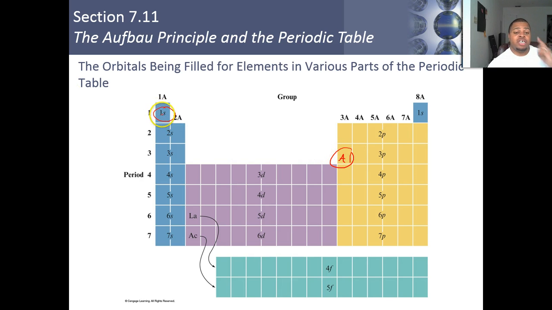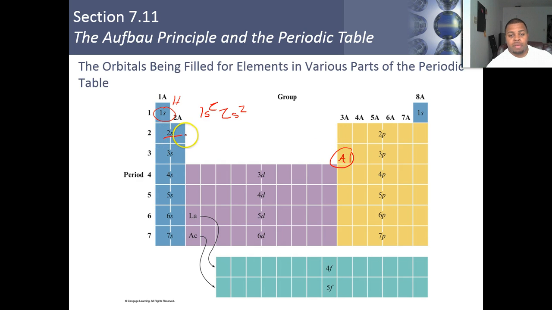Now, each time I change energy levels, I'm going to show it in my writing, and each time I change orbitals, even within the same energy level, I'm going to have to show it in my writing. What do I mean? If I'm starting from here, which is hydrogen, I'm going to say 1s, and I have to go all the way through this first line, which is my 1s orbital, so 1s2. Then I'm going to change energy levels, so 2, starting back in the s orbital, 2s2, because I have to go through both. It's like drawing a continuous line.